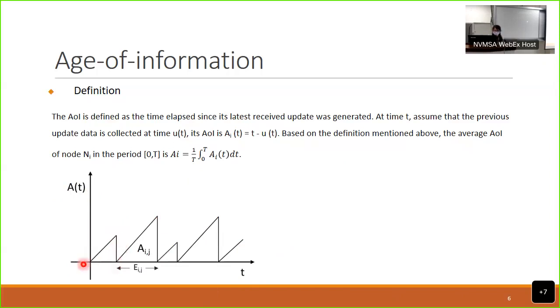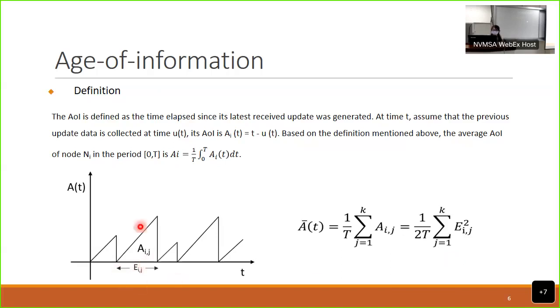In this chart there are many isosceles triangles. So if we want to calculate the average age of information, we can calculate it like this, because the area of a triangle can be calculated as the base times 1/2 of the height.